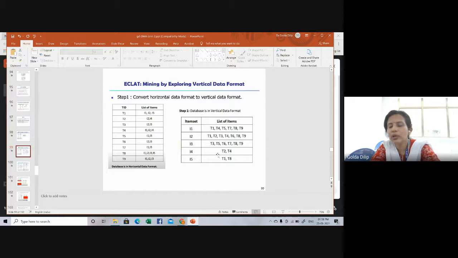If it was coming in only 1 transaction, then straight away we could have eliminated I4. But all the items are coming in minimum 2 transactions, so all the item sets are qualifying for the next round. So this is the first step.